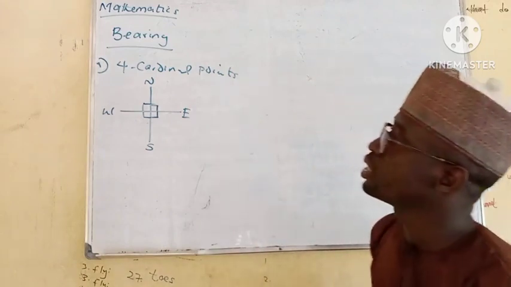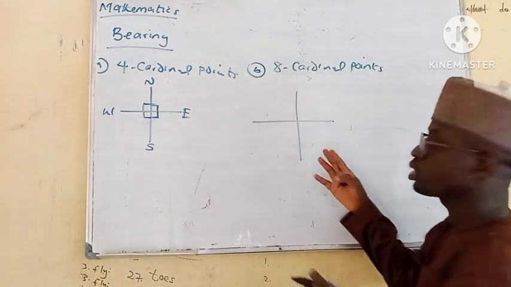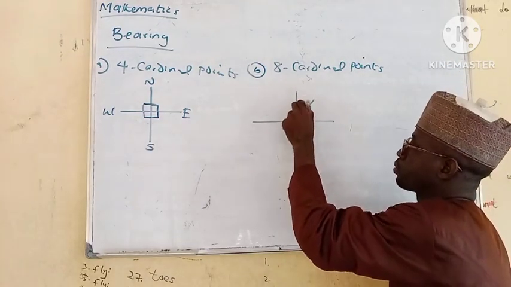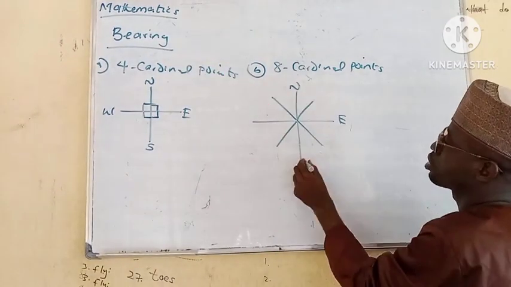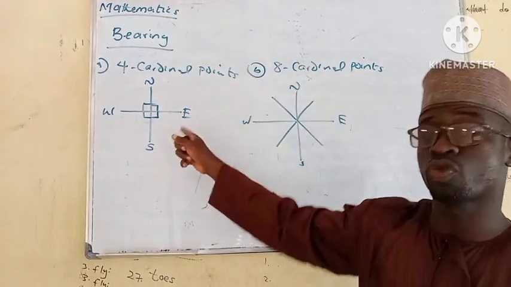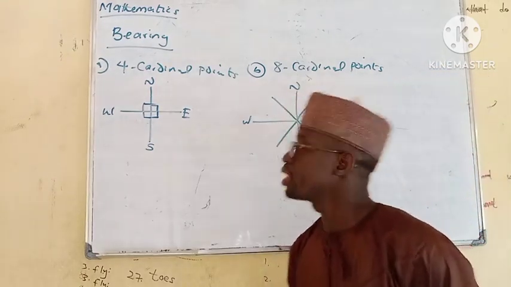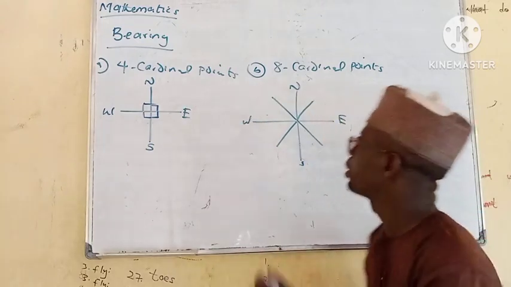Okay, now let us see the 8 cardinal points. You see, this is 4, just like this one. East, south, and west from this one. Now this point is just halfway between north and east, that is the middle or in between.